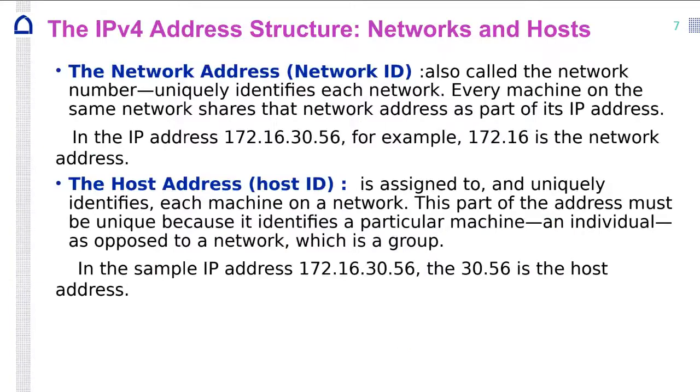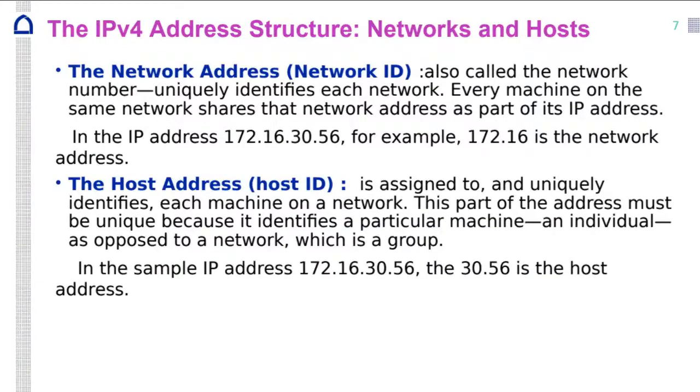Your IP address has two parts, the network ID and the host ID. If I have an address 192.168.0.1, what is my network address? It is the first three octets to the left. 192.168.0.0 is my network address. My host is 1.